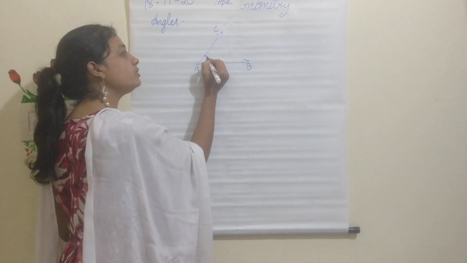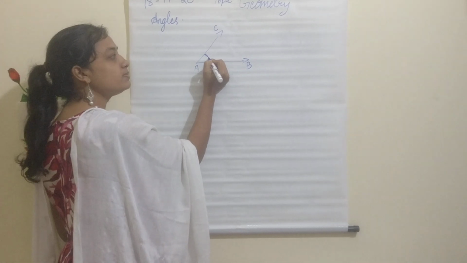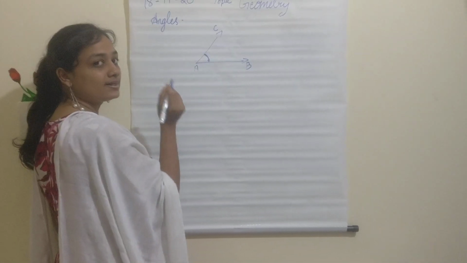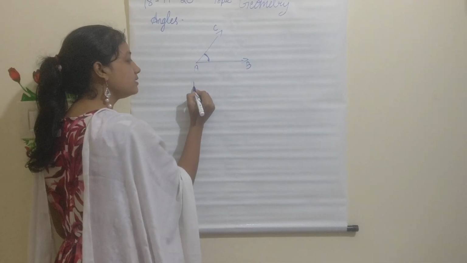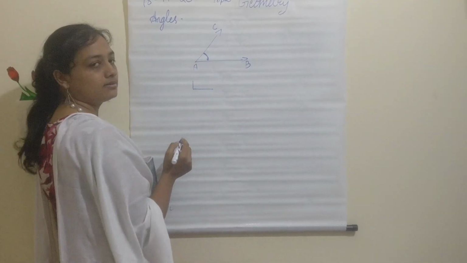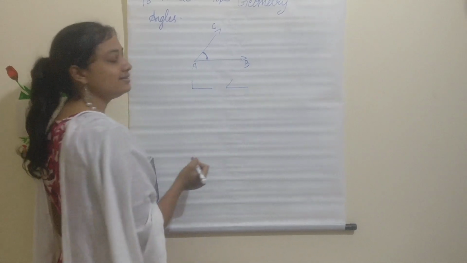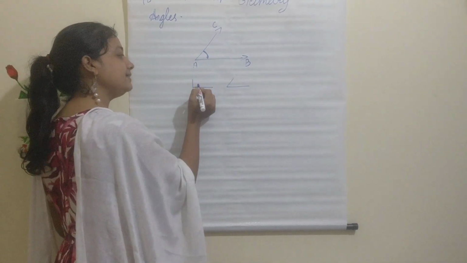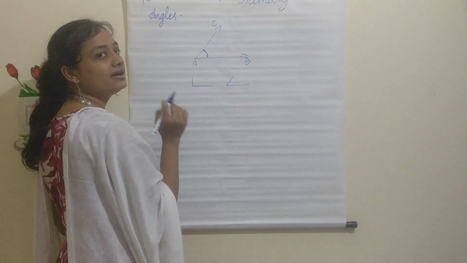Now I have to represent this angle. So the symbol for representing the angle is, you have to draw a line like this, or you can also draw line like this. And inside this line, you should write the name of the rays.